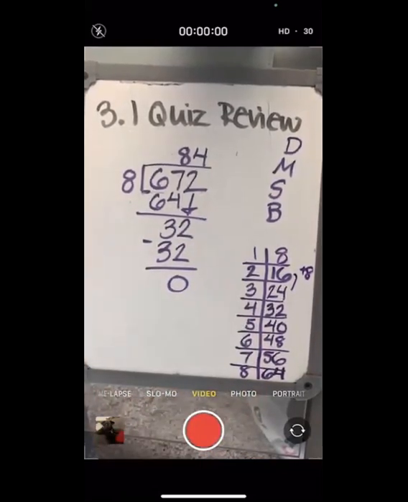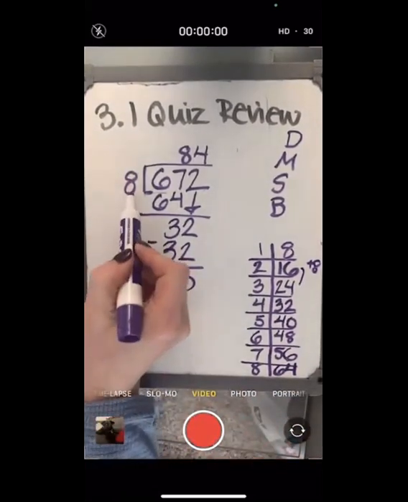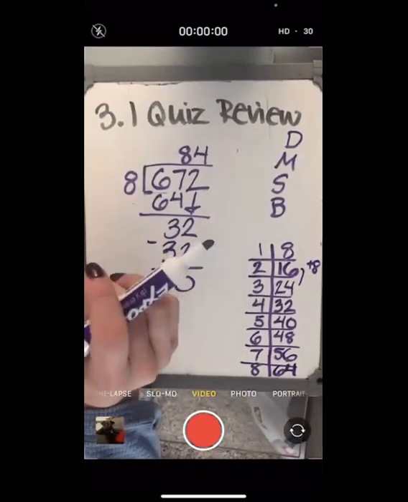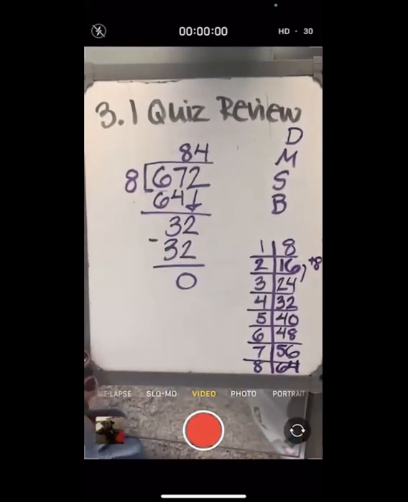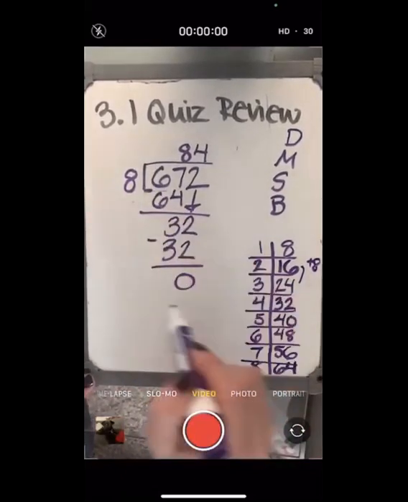So do you see, you guys, how this ratio table, once it's on your paper, if you make a ratio table, let's say you're dividing by 8 or by 7 or 6, whatever it is, if you make a ratio table for that number, you can use it for all parts of the problem.